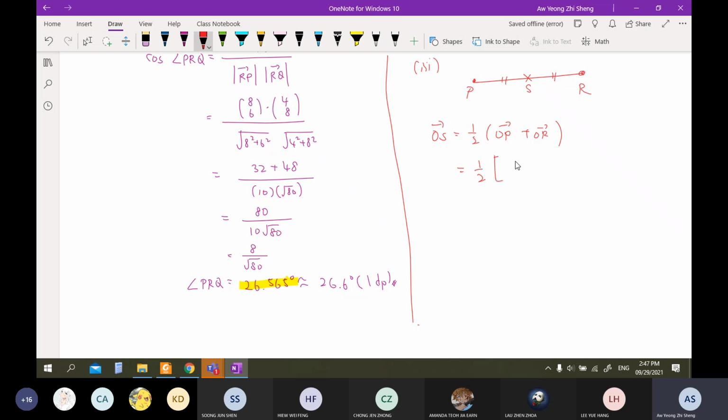It's half times of OP plus OR. Okay, done. They want position vector of S, so OS is already the position vector of S, and we can leave the answer that way. But if they ask for coordinates, then you have to convert into coordinate form. And here we don't have to convert to coordinates because they want position vector.